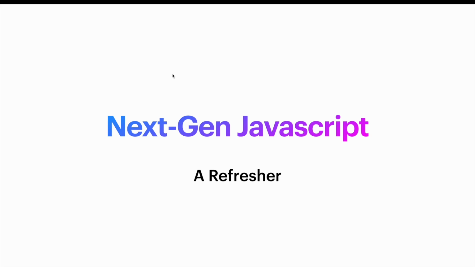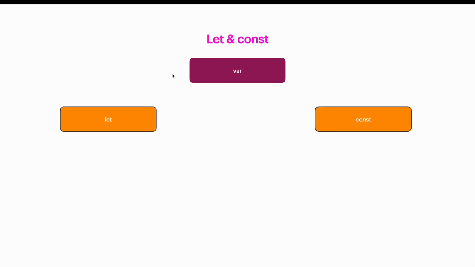So first of all, we will understand what let and const are. Let and const are keywords which are used to create variables. As we know, we already have the var keyword to create variables in JavaScript. But as we moved to next generation JavaScript, we got two other keywords, let and const.